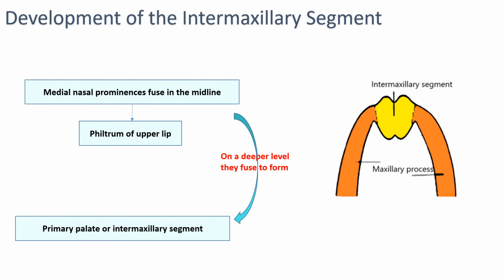At this stage, it's worth noting that the intermaxillary segment itself, this whole region here, is primordial in nature, which simply put means that as development progresses further, the intermaxillary segment itself will cease to exist. It will no longer exist, but rather its parts remain as the different components that it gives rise to. Now, I'll explain this in detail in the next slide.